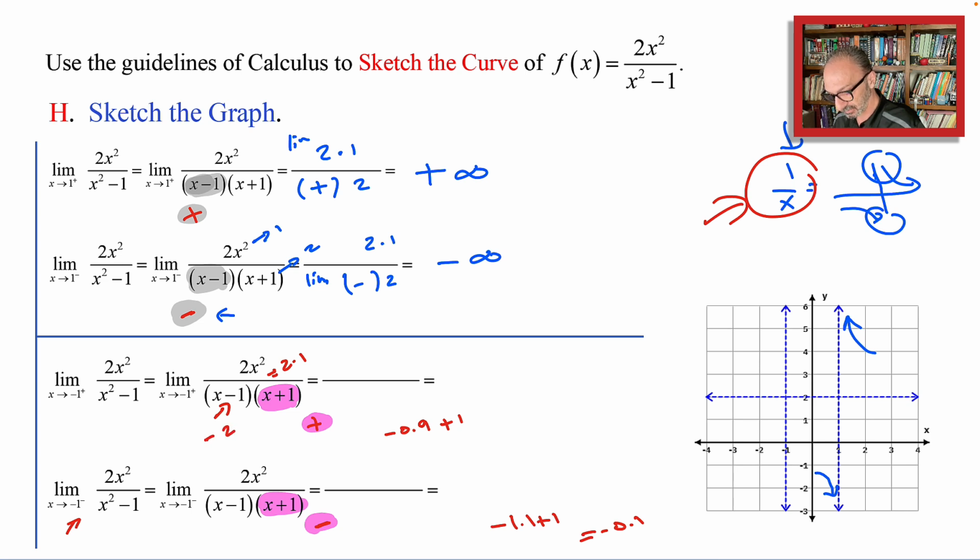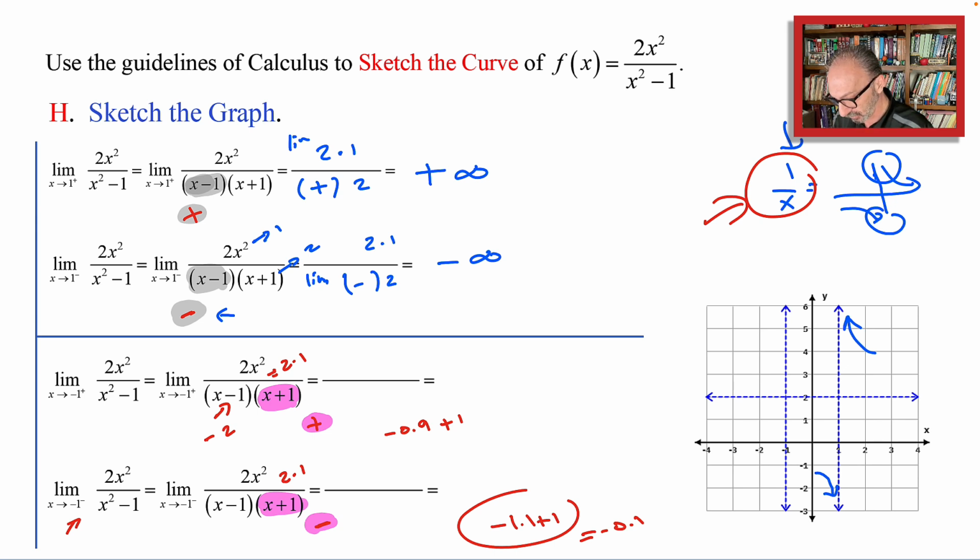Same thing right here. I have 2 times x to the second, which will be like 2 times 1. And approaching negative 1 from the left, like negative 0.01 as a final answer, as you could see right here, that will give me a negative value.